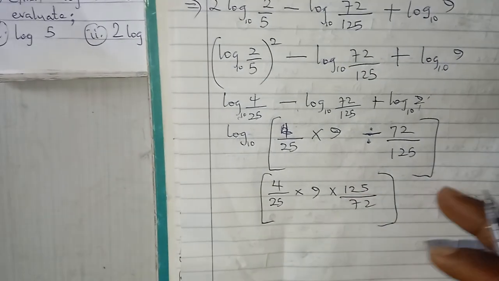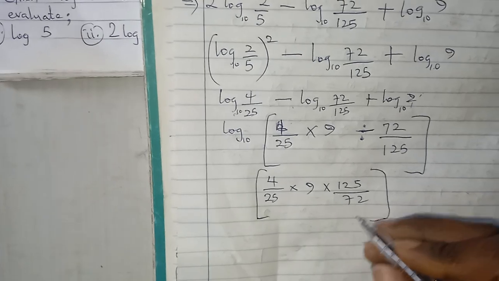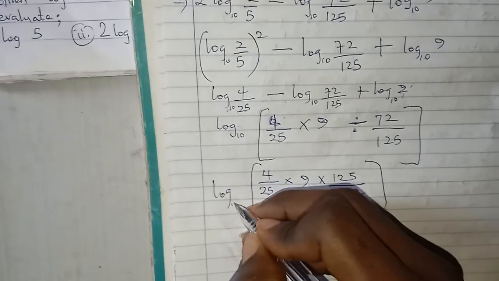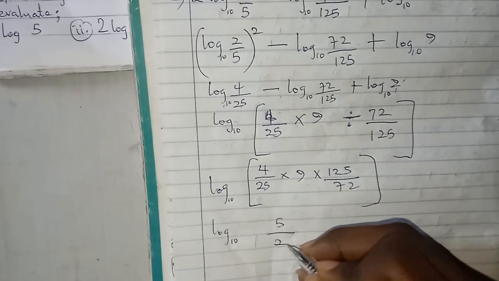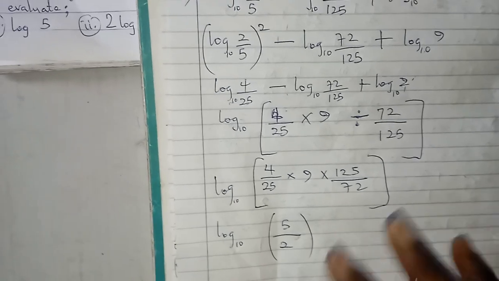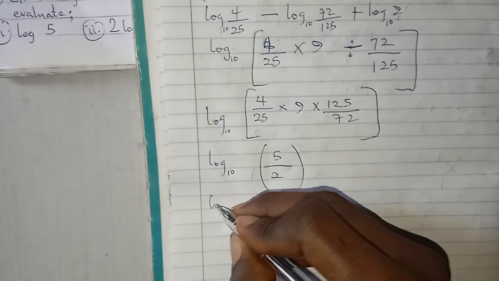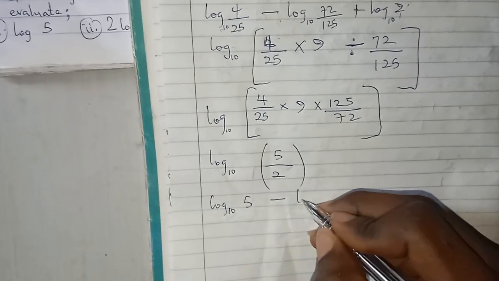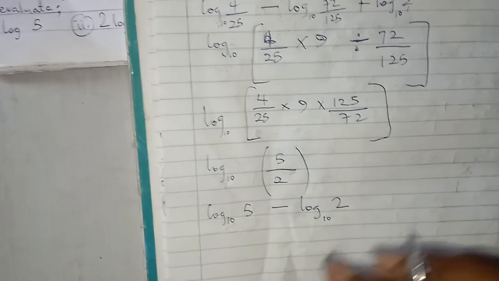When I do this, by the time I do it, you should have 5 over 2. So I will now have, since this is division, log 5 to base 10 minus log 2 to base 10.